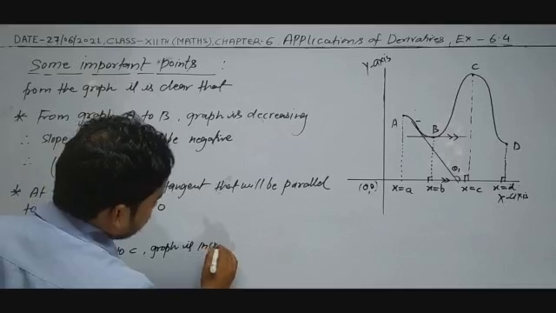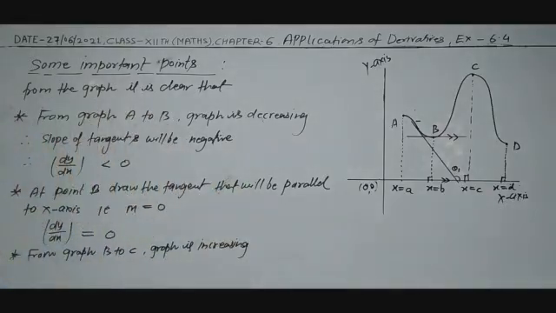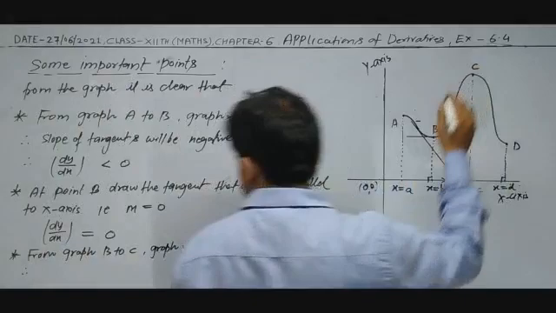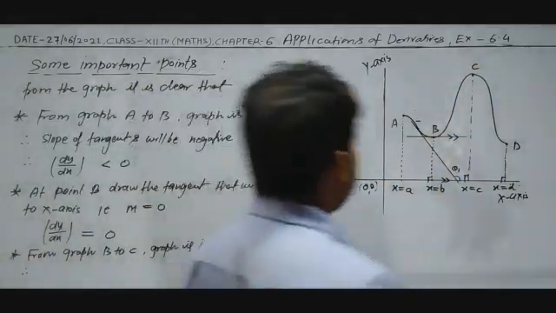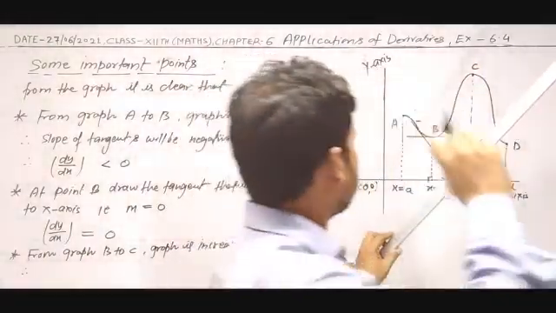The graph is increasing in the case when you draw any tangent passing through the points lying between B and C.